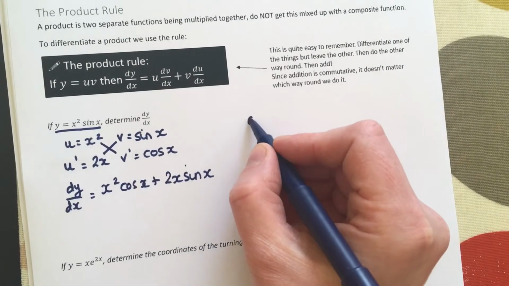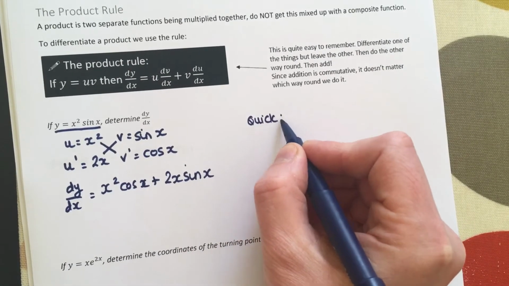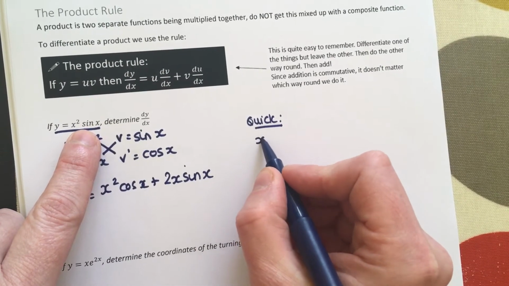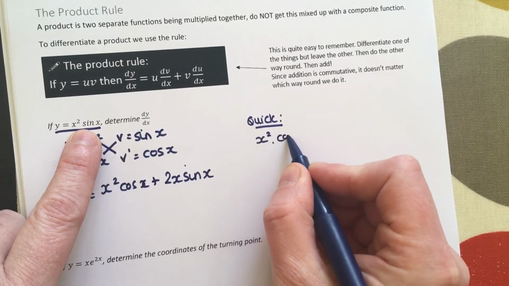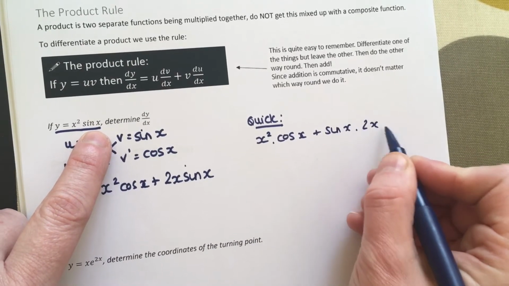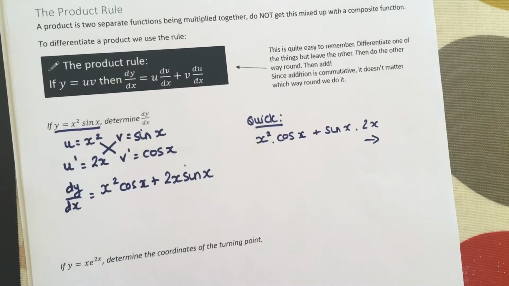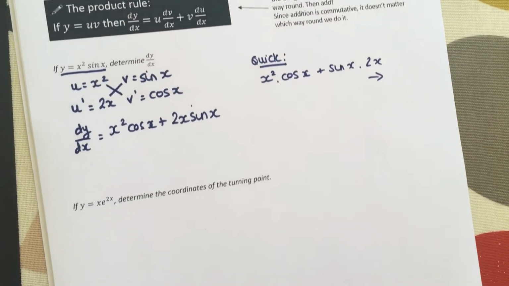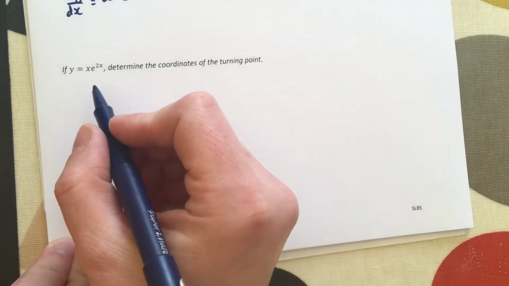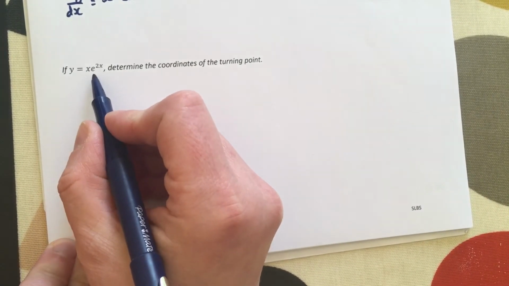If you're going to just do it quickly, which you can do as you get more confident, look at the question and say to yourself: write the first, multiply it by the differential of the second, plus write the second, multiply it by the differential of the first, then tidy it up. The second example on this page, we've got y equals x e to the 2x.